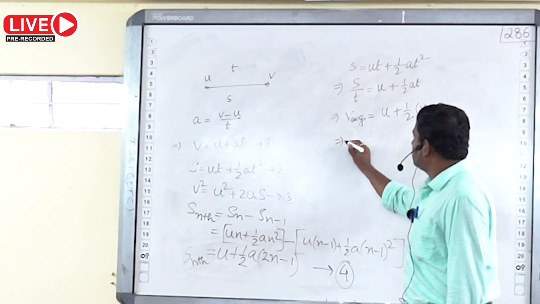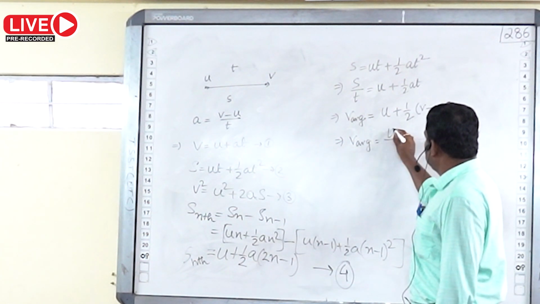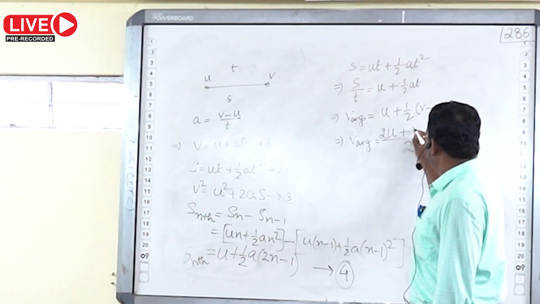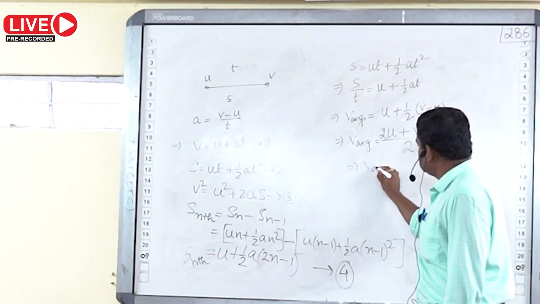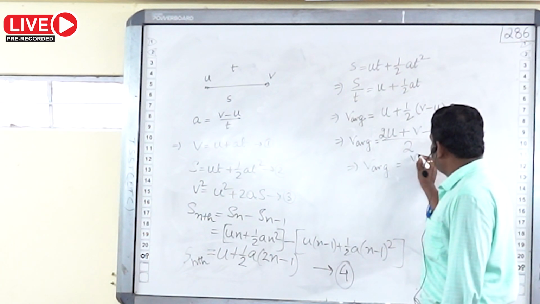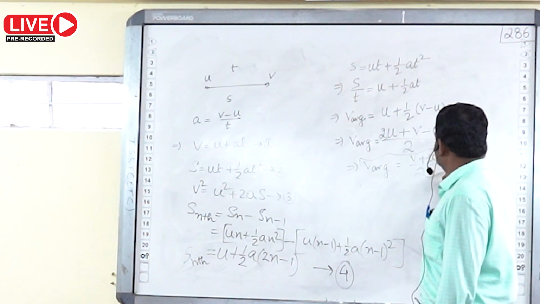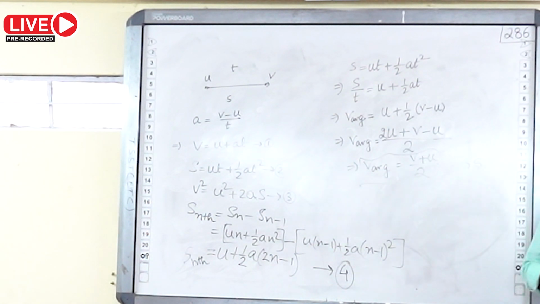So we can write this one as v average equal to 2u plus v minus u over 2. So v average is coming (v plus u) by 2. This is another equation. That is, the average velocity in uniformly accelerated motion is the average of final and initial velocity.